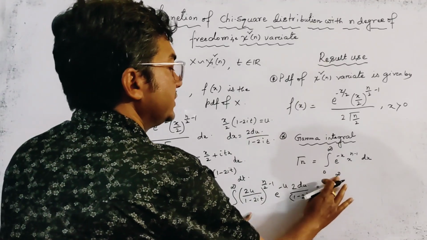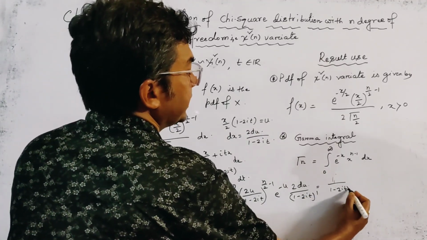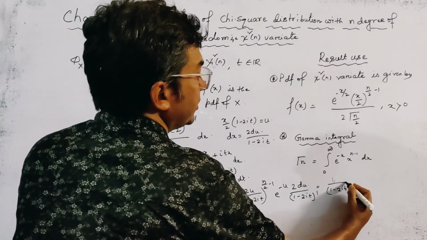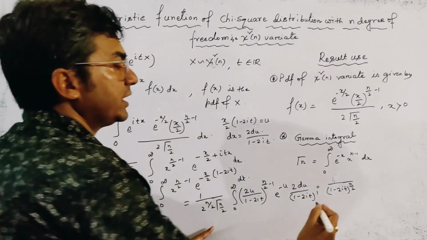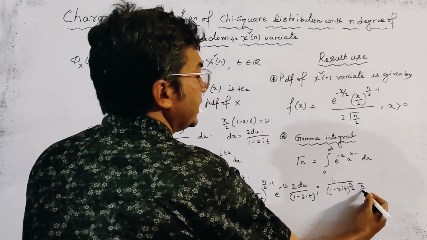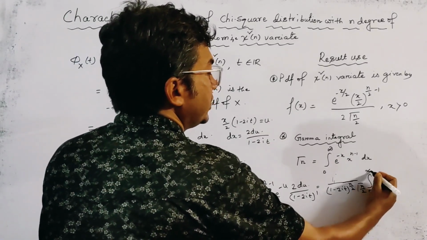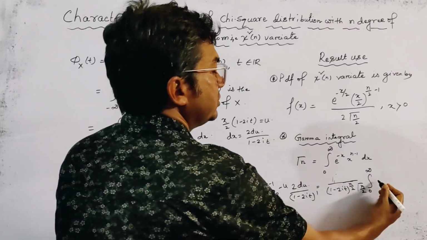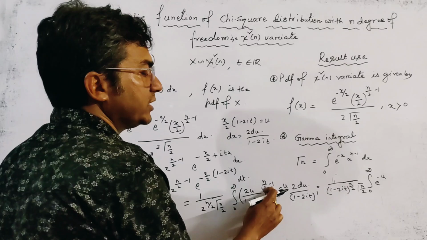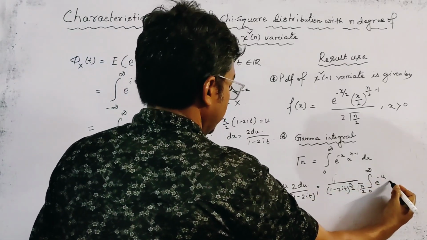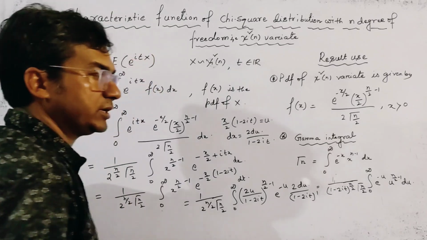We write first 1 by 1 minus 2 i t whole to the power n by 2, taking it common, and the other term is the integral from 0 to infinity of e to the power minus u into u to the power n by 2 minus 1 du.